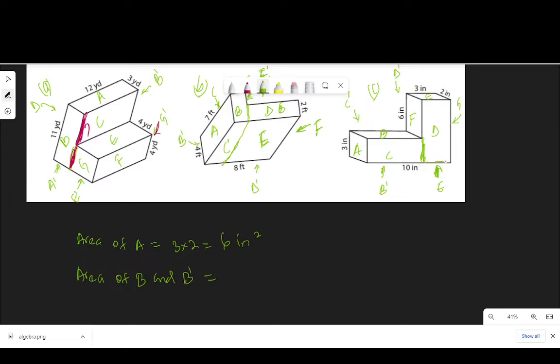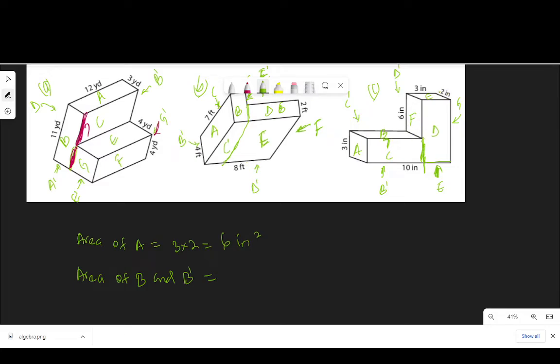That means this place is 3 inches. So the remaining one from here down to this place will be 10 minus 3. So here is 7 inches. The area of B and B prime will be 7 multiplied by 2.